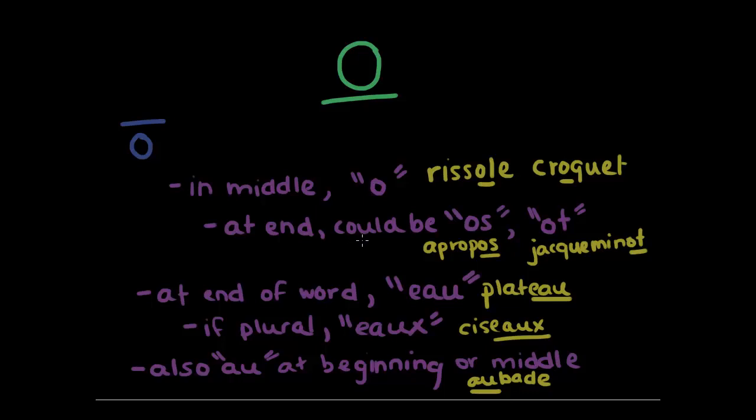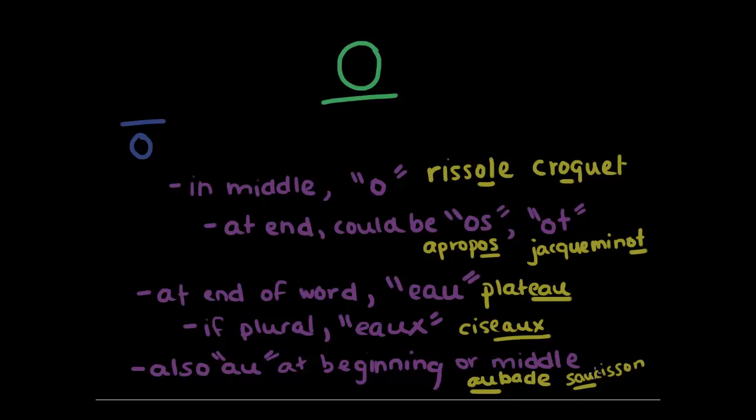There's a lot, but it's going to be at the beginning most of the time. A couple times in the middle, as in saucisson. But most of the time it's going to be at the beginning.